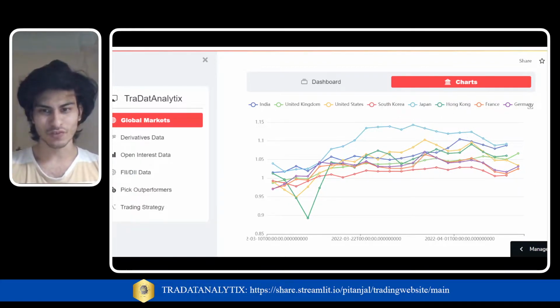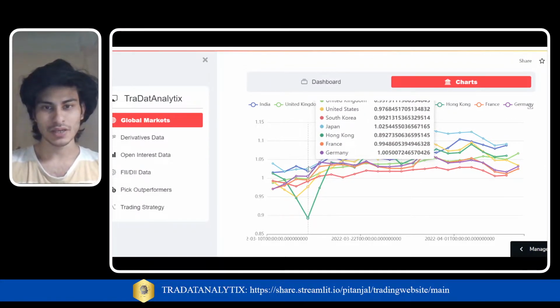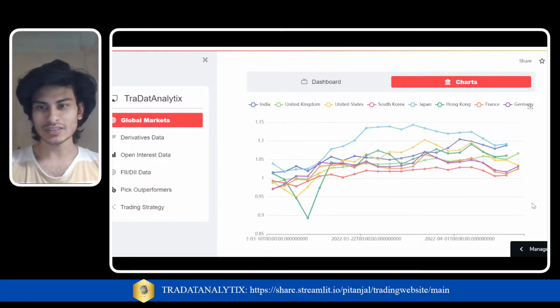Who has been very volatile? I think it will be this particular green, Hong Kong. As you can see, there was a massive down move there, so Hong Kong would be a very volatile market. So this particular chart helps you understand which country is outperforming the global sentiment, and it also gives you a cue as to which markets are more volatile.